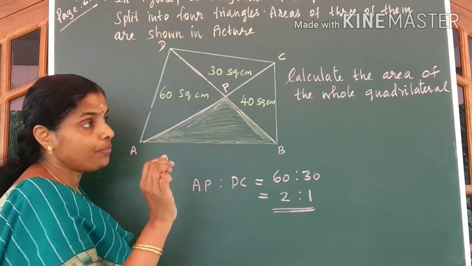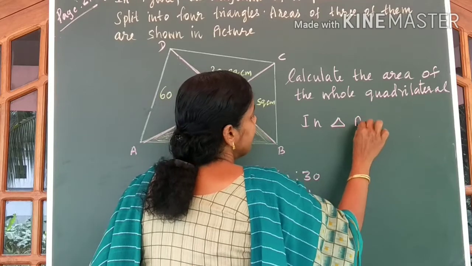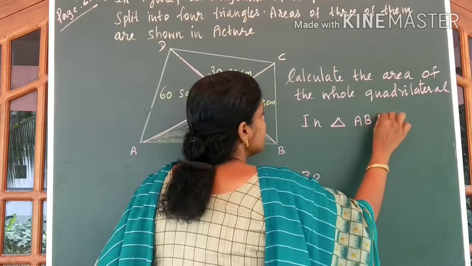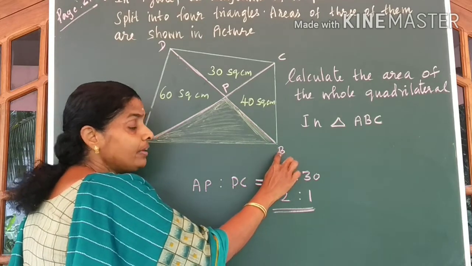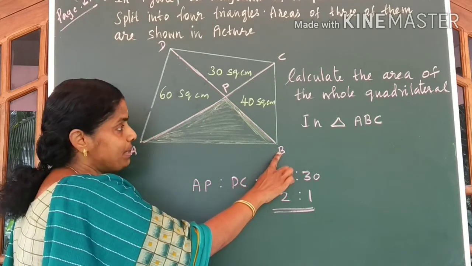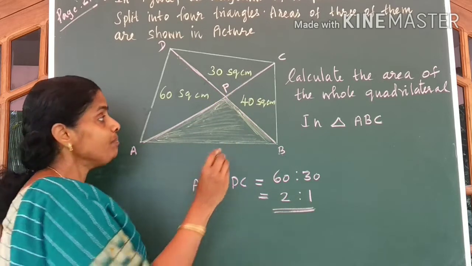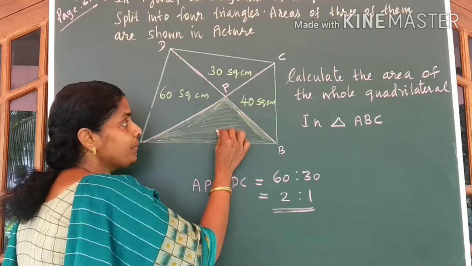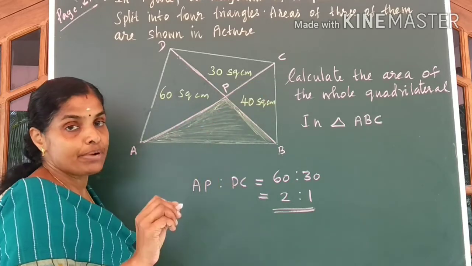ABC. So we can write, in triangle ABC, use the same idea. A line drawn from the vertex B to the opposite side divides the area of the two triangles and the bases in the same ratio.